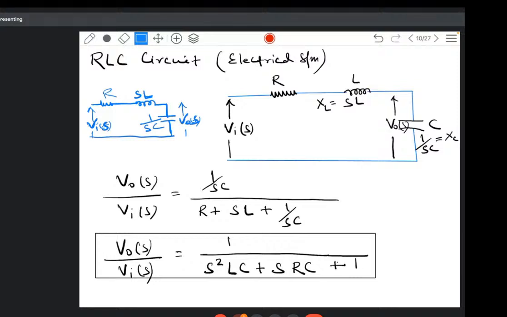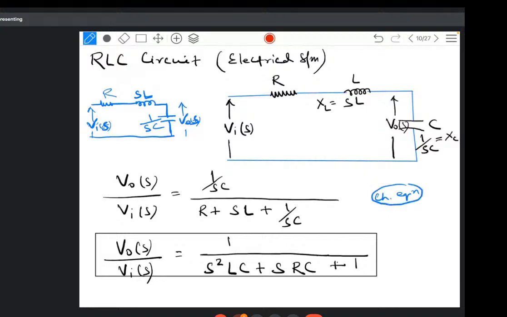I am just concerned about the characteristic equation, because I have to compare the characteristic equation only. So directly writing the characteristic equation of the standard second order system, this is how I write it, and this is the characteristic equation of the given electrical system.